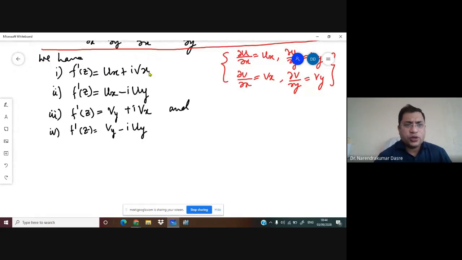If you know u and v both, you can find the derivative. If you know only u, or only v, you can also find the derivative, provided that this function is an analytic function. And you can find the derivative of this analytic function in the y direction as well.